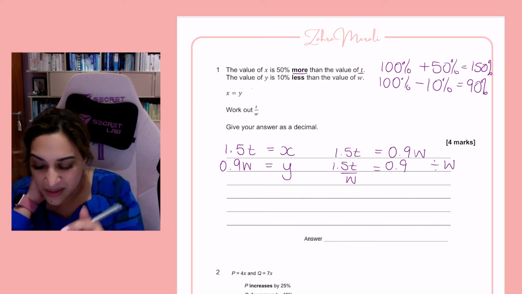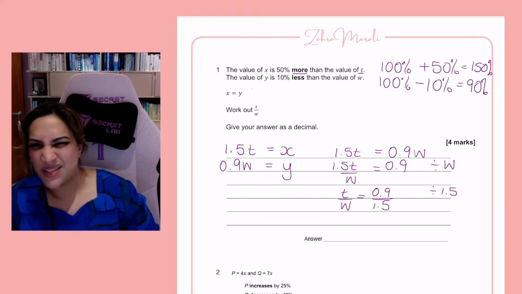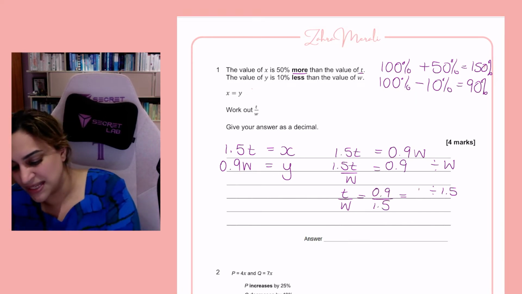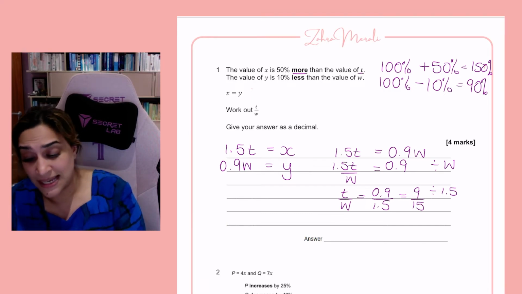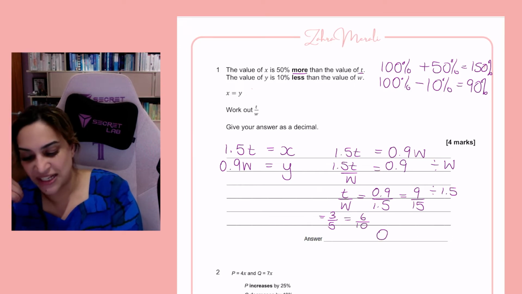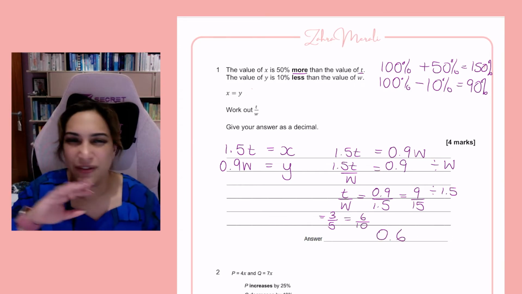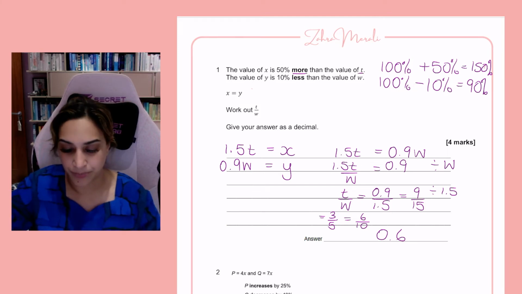I don't want the 1.5 on this side, so I'm going to divide by 1.5. So t over w is 0.9 over 1.5. Decimals are annoying, so times everything by 10: 9 over 15. I can cancel that down to 3 over 5, which is 6 over 10, which as a decimal is 0.6. You might have got there quicker, your arithmetic could be better, and that's not a problem.